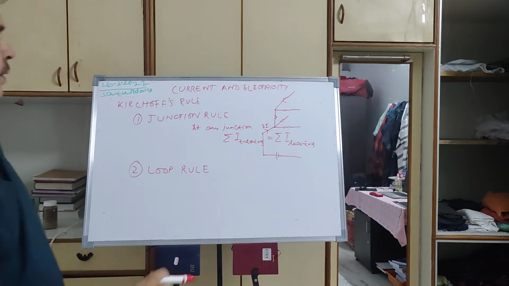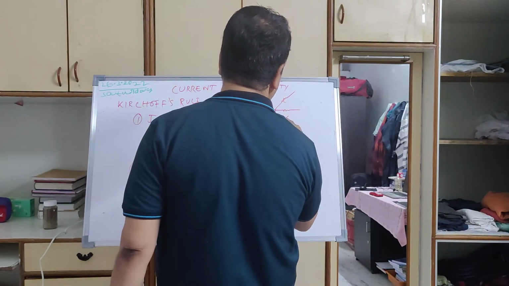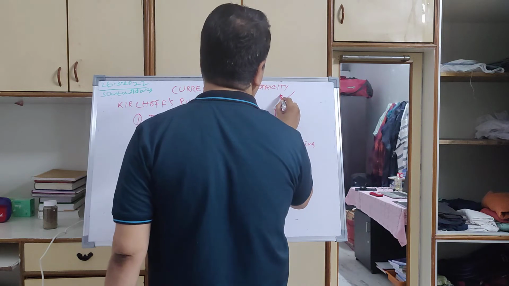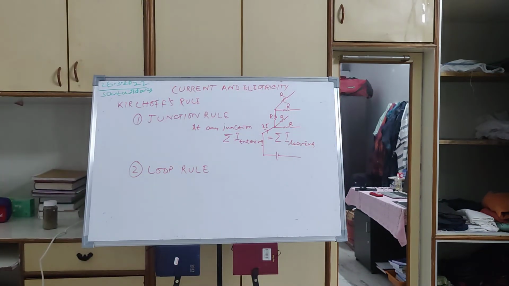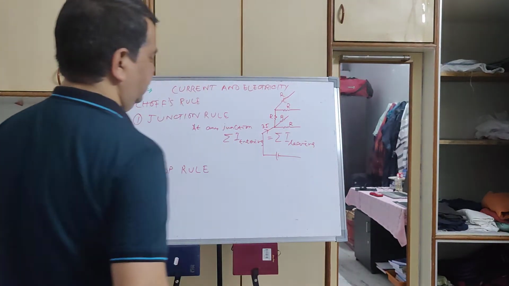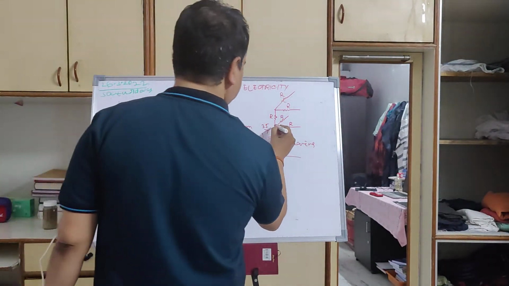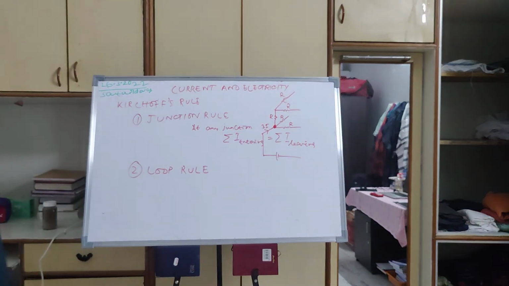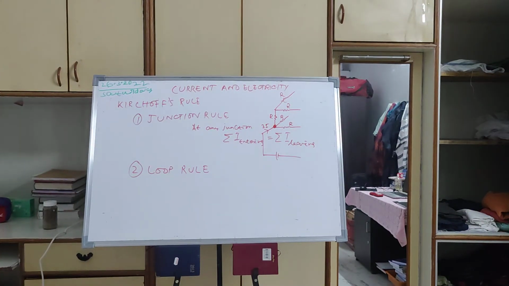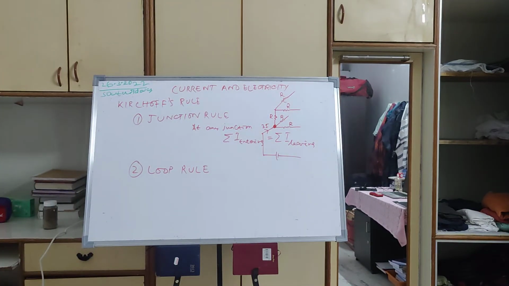If a current of 3I is flowing and the resistance is R here, R here, R here, and all the resistances are equal, then 3I is flowing here. This is your junction. As per energy conservation, 3I is coming in, so 3I will go out.